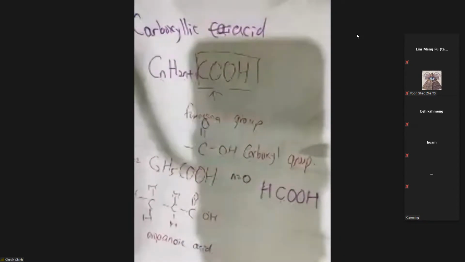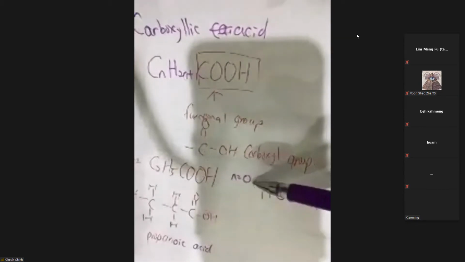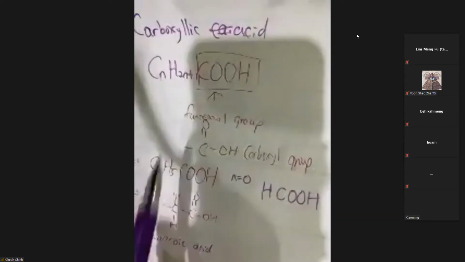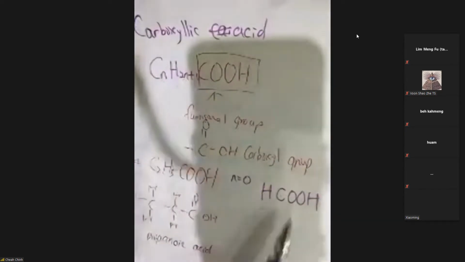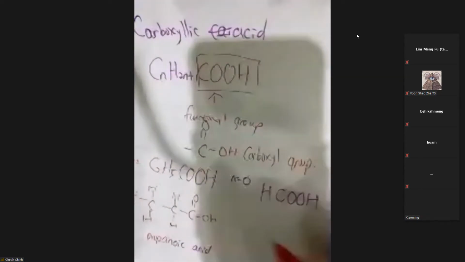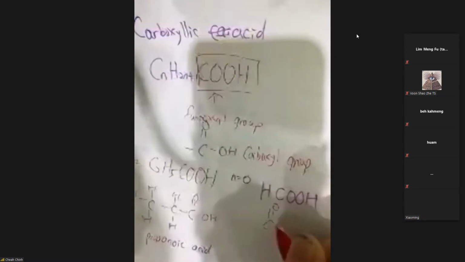Okay, so let's say now I ask you to draw the structural formula with 1 carbon atom. So you got 1 carbon atom, you minus 1, that means n equal to 0. Then you substitute it, so you will get HCOOH. Then to draw the structural formula, this one COOH is the functional group.